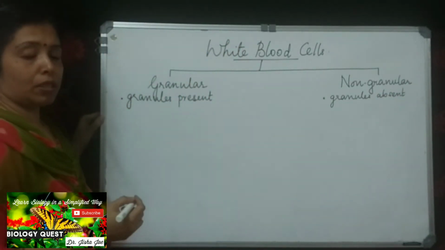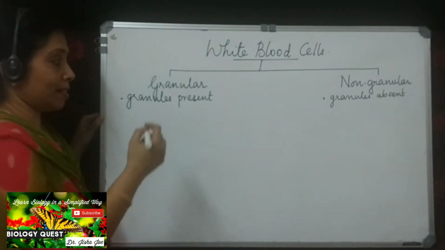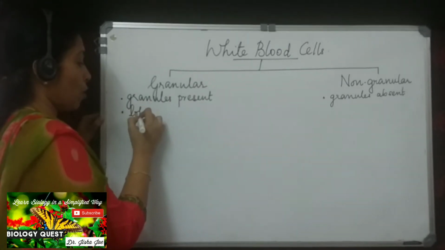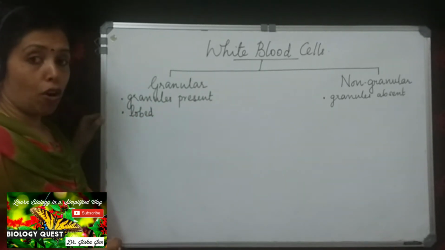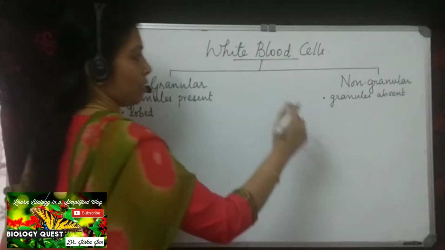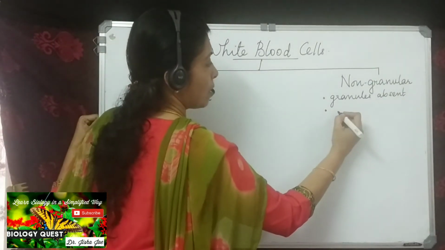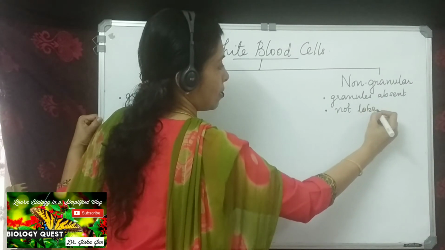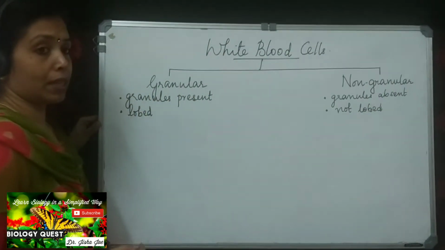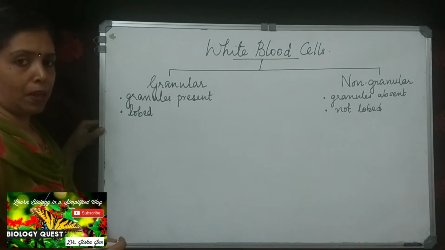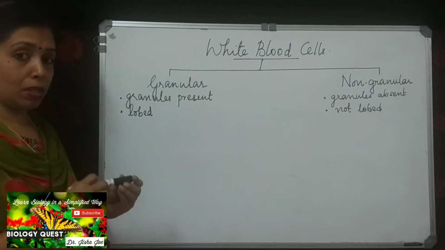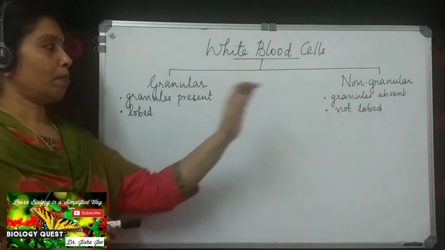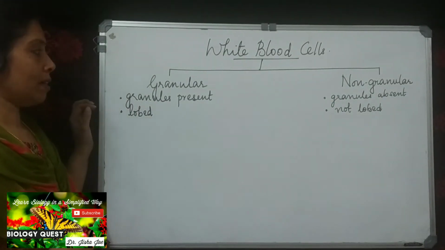Another important feature regarding the nucleus is that in granular WBCs, the nucleus is lobed, whereas in non-granular WBCs, the nucleus is not lobed. So, based on the presence or absence of granules, WBCs are classified into granular and non-granular WBCs.